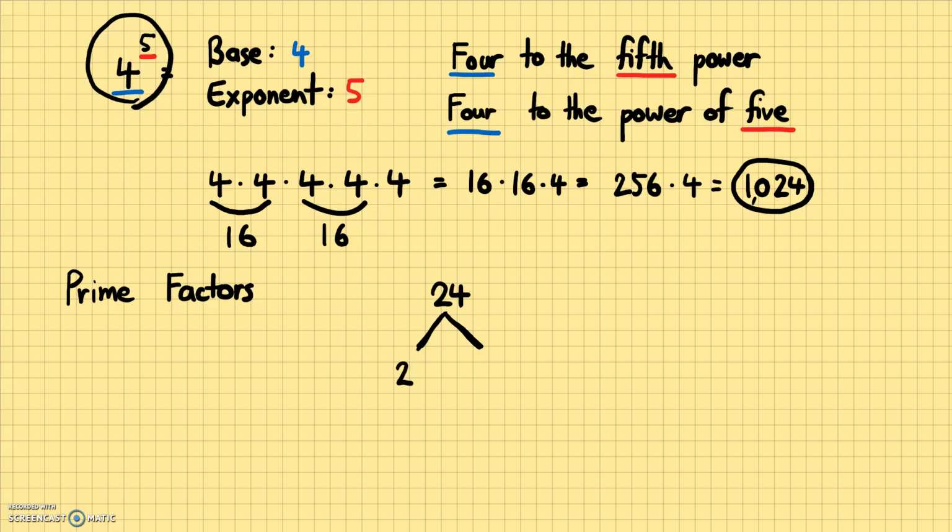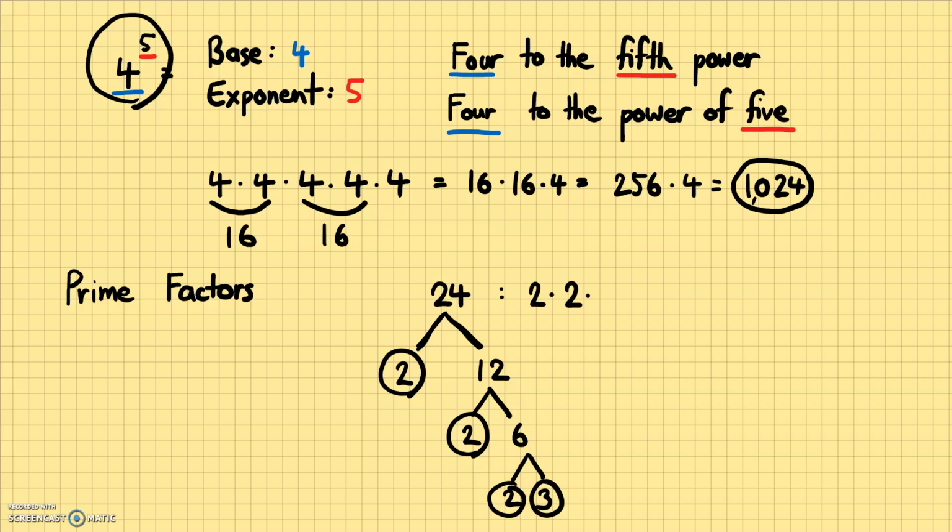You can say 2 and 12. Okay, and then 2 is already prime, so you can't simplify that. That's 2 and 6. 2 is prime here, and that is 2 and 3. So if you want to express this as a prime factor, that becomes 2 times 2 times 2 times 3, right? We have the prime numbers here.